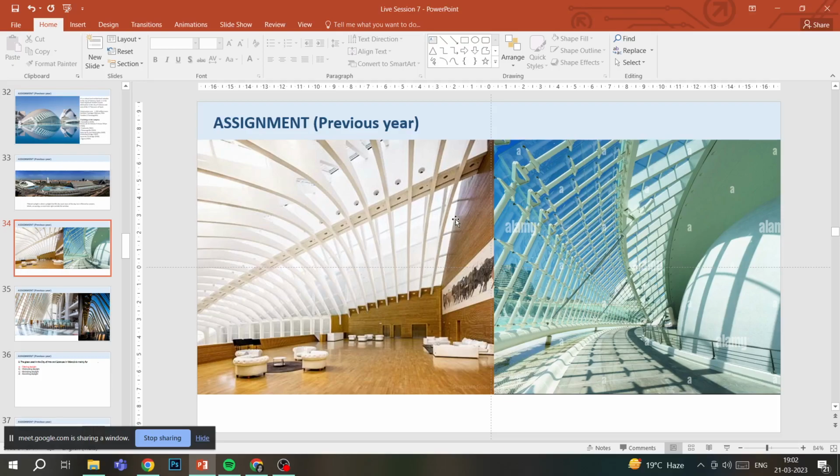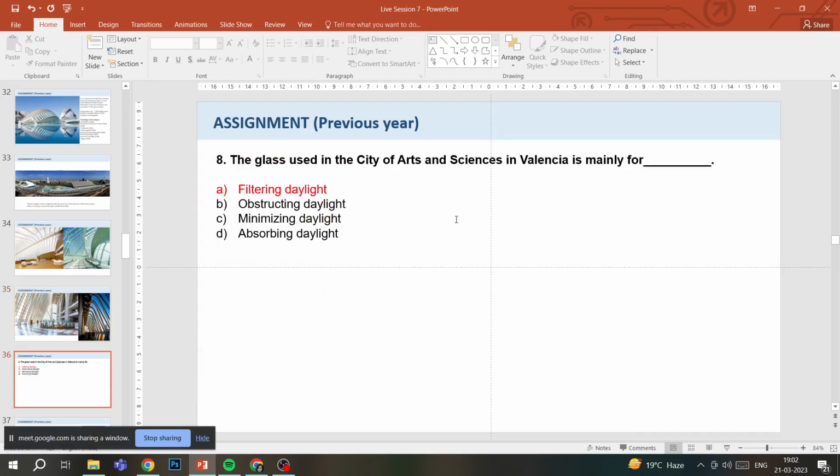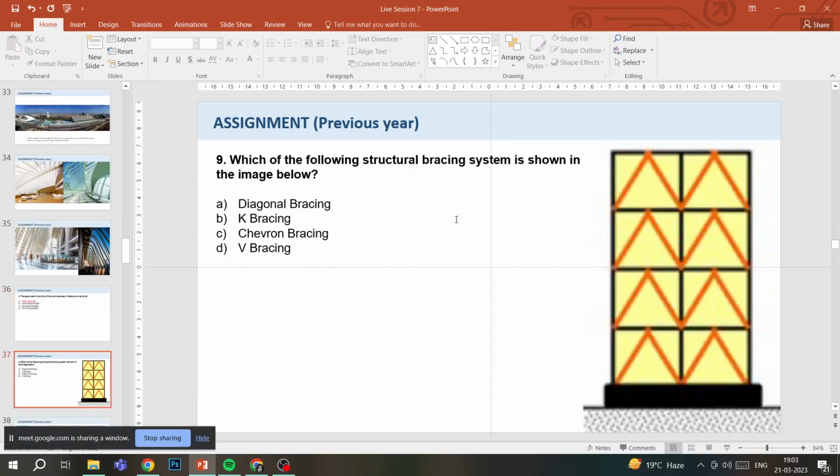We're not even restricting it, and we don't have a problem of absorbing daylight because it's all coming in. We're just filtering it with the help of different structures so that we have an interplay of shadow and light inside the buildings. So the answer would be filtering daylight.